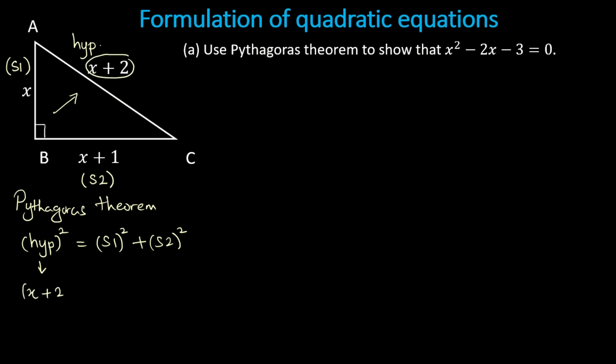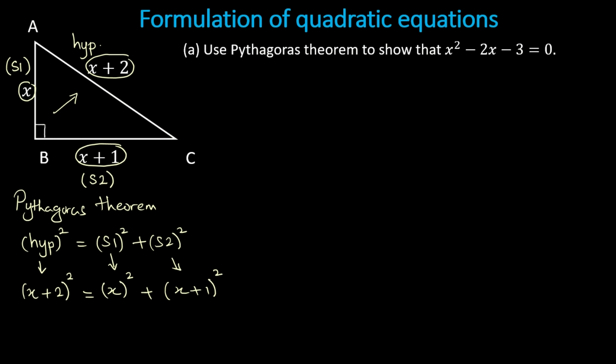So this is the hypotenuse. Then we have to put the square, of course, equals, and what is side 1? Side 1 is x here. Again, we have to write down the square, plus, and what is side 2? Side 2 is x plus 1. Then we have to again put the square.